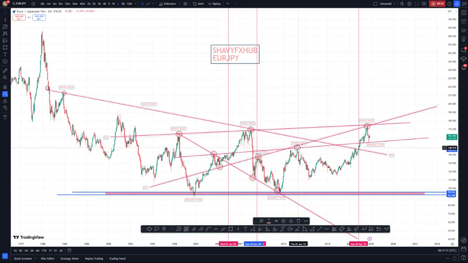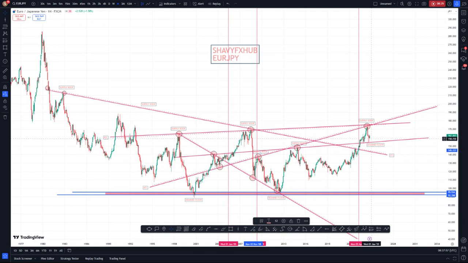So we have here now our supply roof. We came back and respected it in the month of April, before breaking the structure and retesting again. So by August, we had already set sail, converting our supply roof to a demand floor.